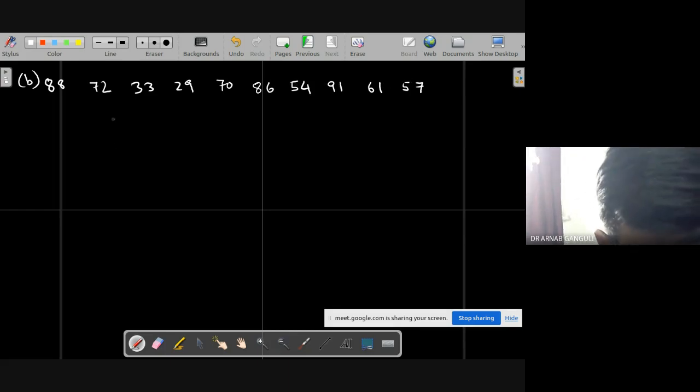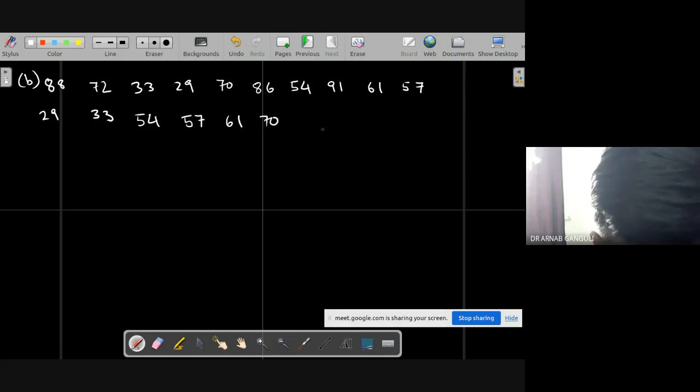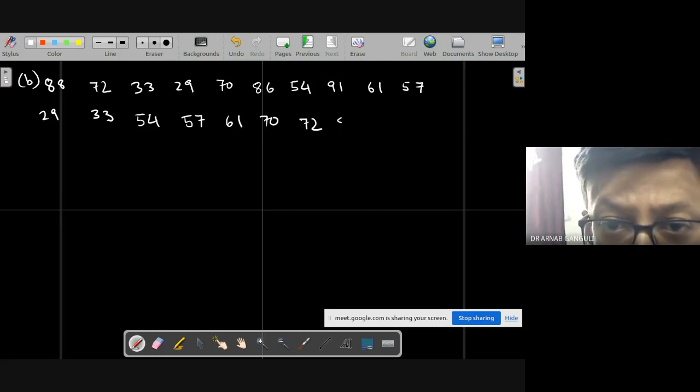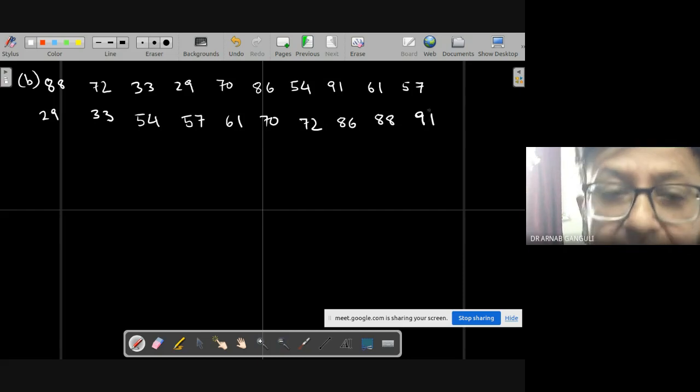So let us arrange the data in ascending order, from smallest to largest: 29, 33, 54, 57, 61, 70, 72, 86, 88, and lastly 91.